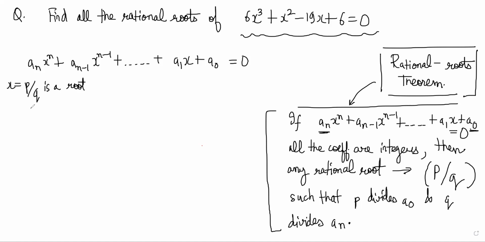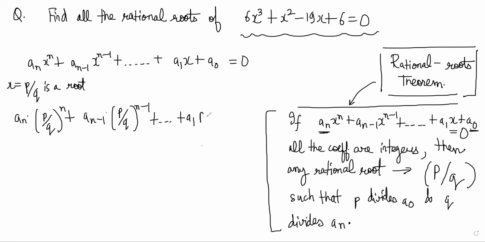Then obviously if you substitute p by q in this, you will get (p/q)^n plus a(n-1) (p/q)^(n-1) and so on till a1 (p/q) plus a0 is equal to 0, right?